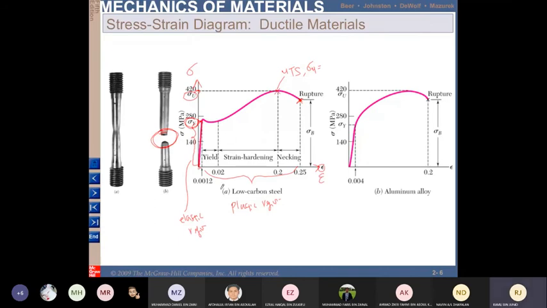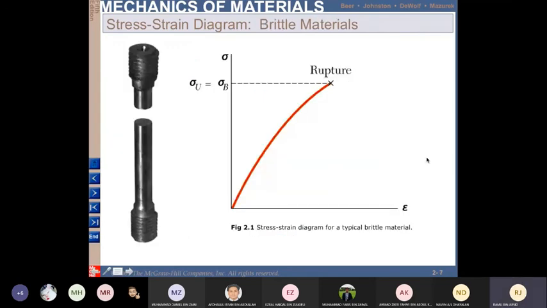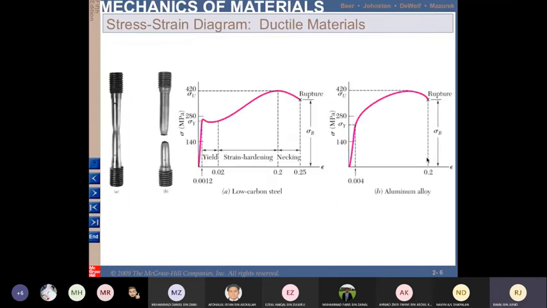So this is low carbon steel, and this is aluminum alloy. So similar, strain as elastic region, and then this one is plastic region and the rupture. And this is stress 0.2. This is brittle material. This is ductile material. This is ductile material for low carbon steel and also aluminum alloy.